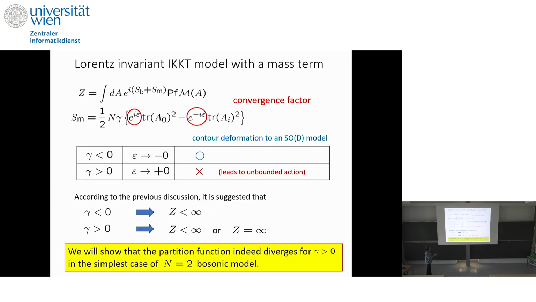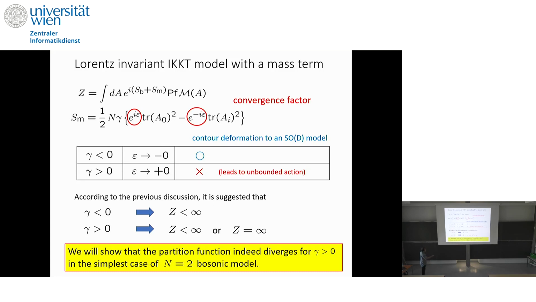Okay, so let's go back to our original model, the Lorentz invariant IKKT model with a mass term. So the partition function looks like this, and we introduce this mass term with these convergence factors. And in the case of positive and negative gamma, we have this situation.